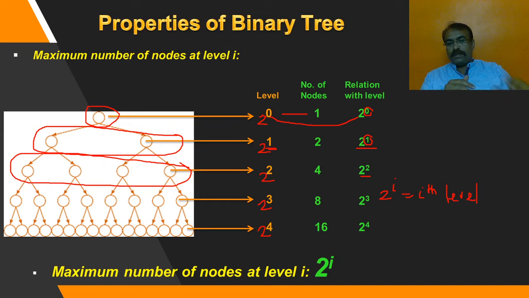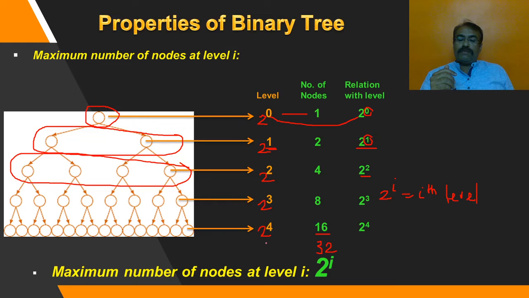You can just relate it. Even if I take level 3, 2 raised to power 3, the total number of nodes is 8 there. Even if I increase a level after this, each of them is going to have two children. So how many nodes are there? 16 nodes, each of them has two children. So the next level will be 32.